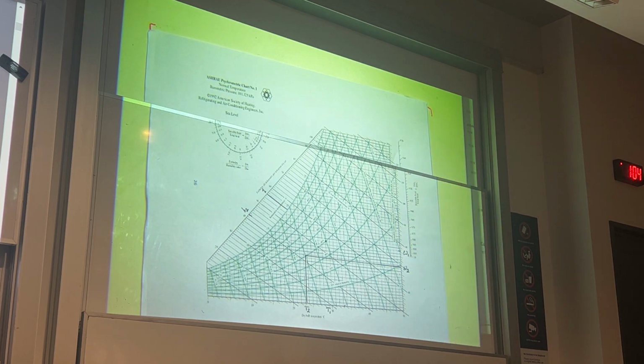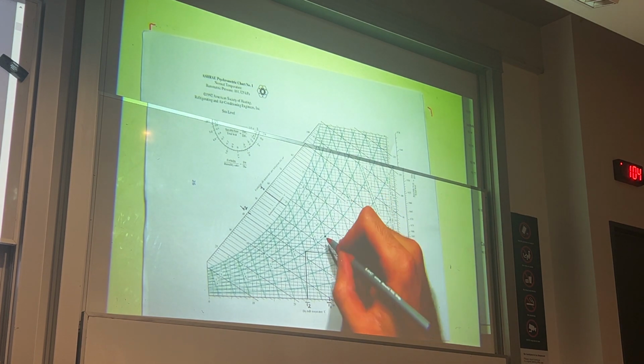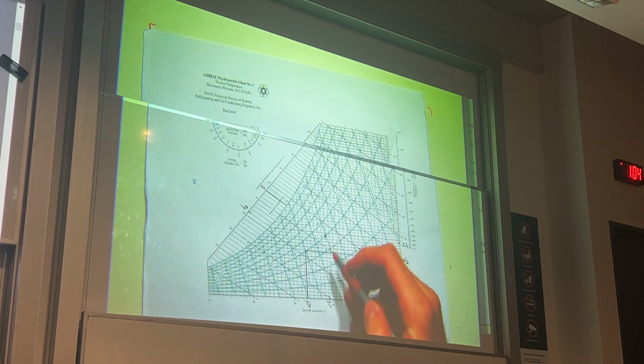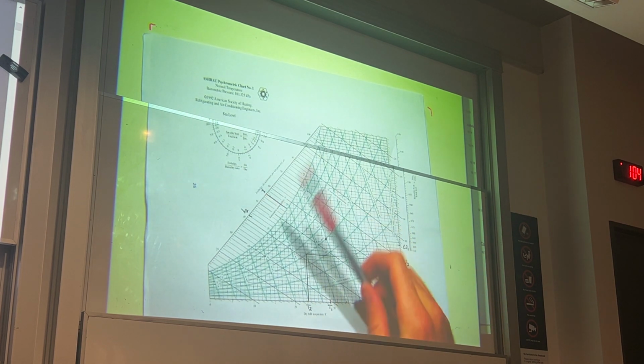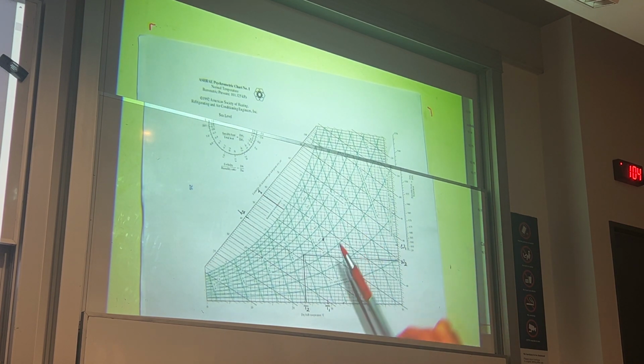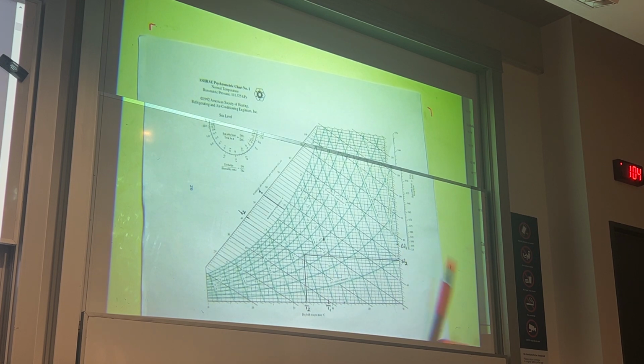But pretty much all we have to do is, I can see I've labelled T1 here. So we come along our x-axis because it's dry bulb temp, go up. Here we hit 40% relative humidity at 29 degrees Celsius. And from here, I can go on this angle and I find H1. And I can also go directly across and find omega 1.